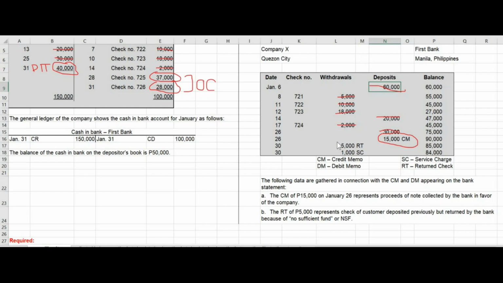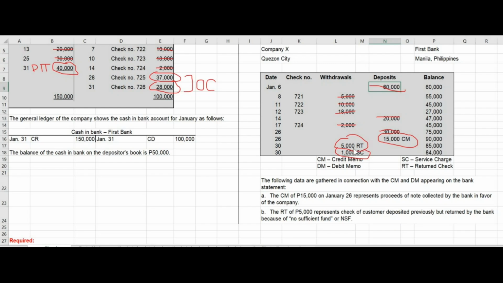Another is ito, your 5,000 RT and your 1,000 SC. So, RT as written in the problem, that is a return check. No? So, nag-return ang check amounting to 5,000. So, meron pang additional information dito. RT of 5,000 represents check of customer deposited previously but returned by bank because of no sufficient fund.